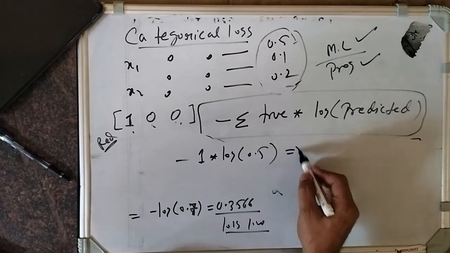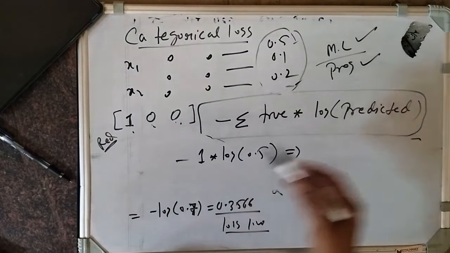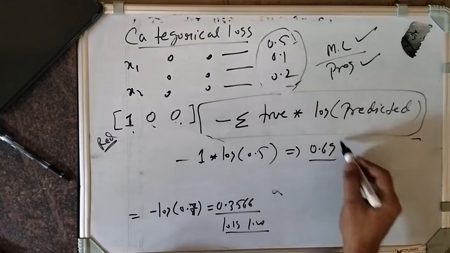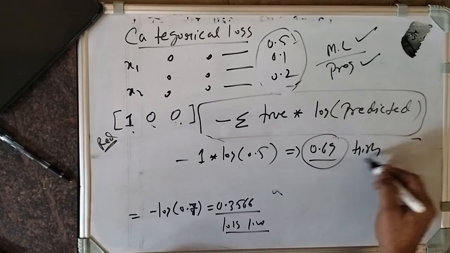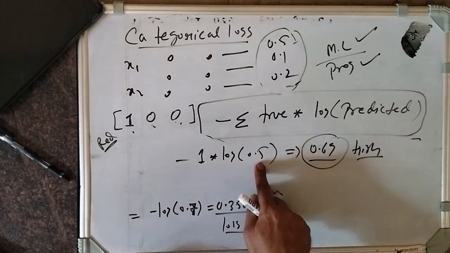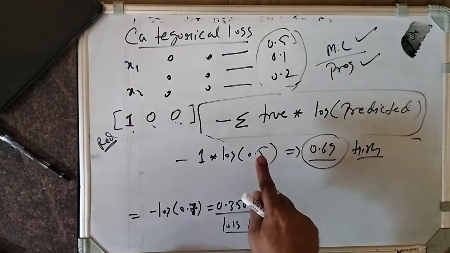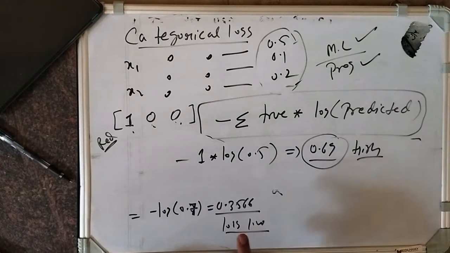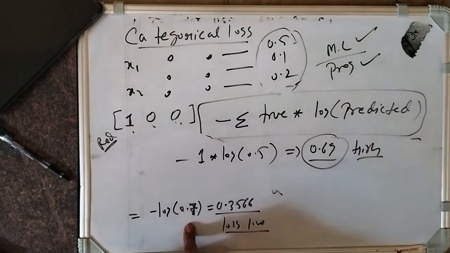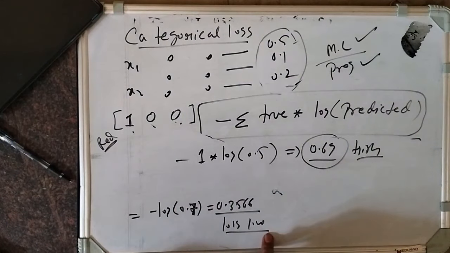If you calculate this value, you will get 0.69. Now you can see your loss is very high. Loss is high because the output is very low. Okay. So whenever the outcome is converging to 0, your loss will be high. Whenever your output is converging to 1, your loss is very low.